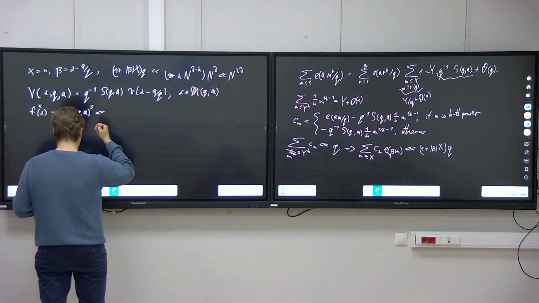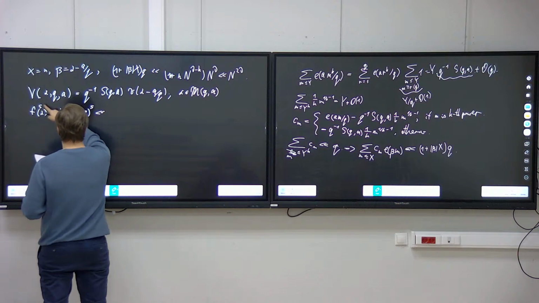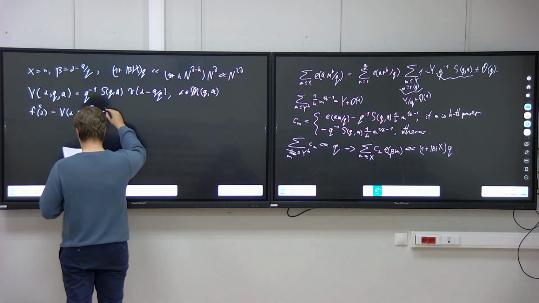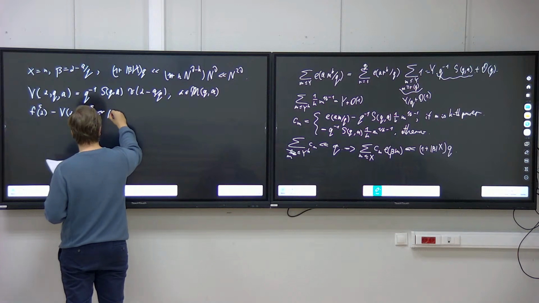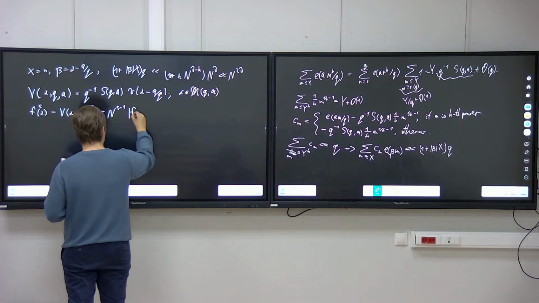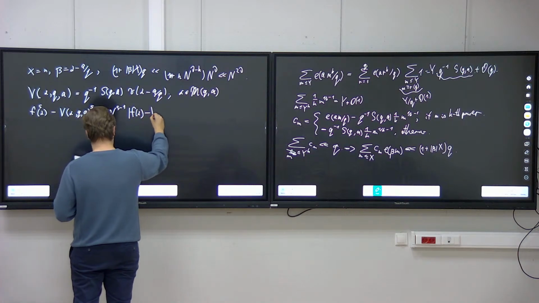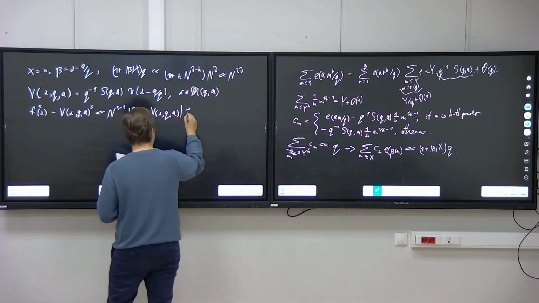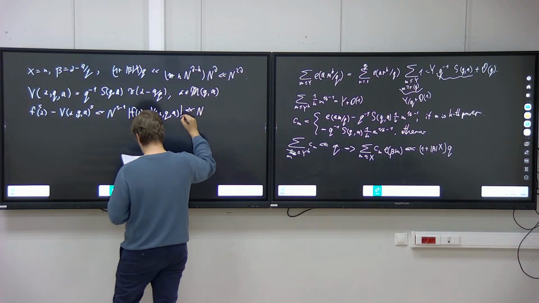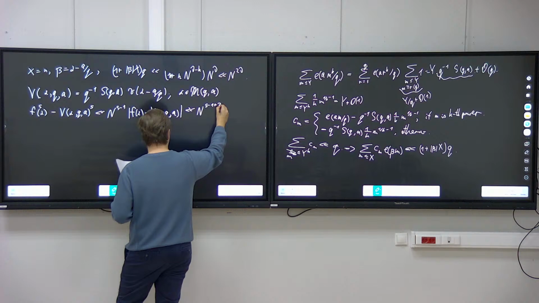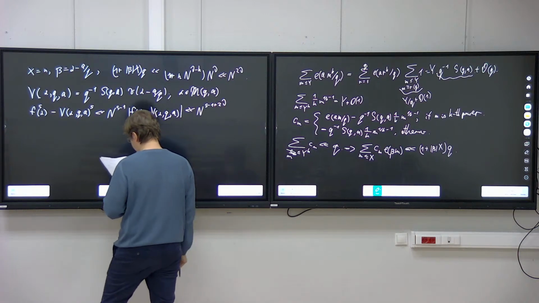So f is bounded by n, and v also is bounded by n. Okay, and this is small, or how small? n to the power s minus 1 plus 2 nu.